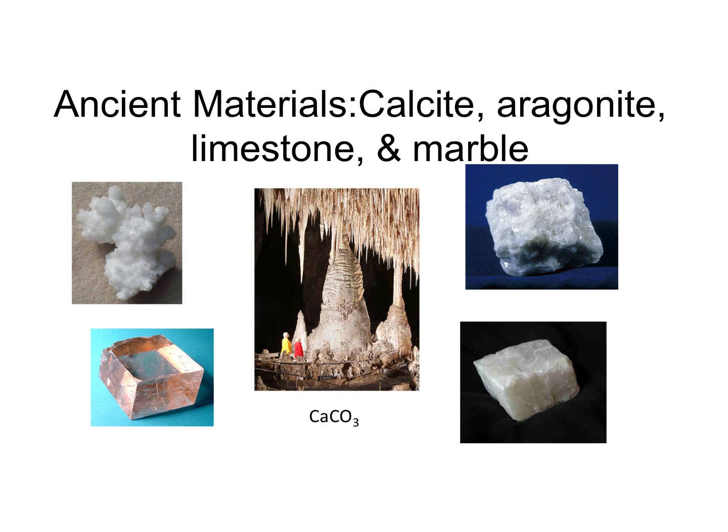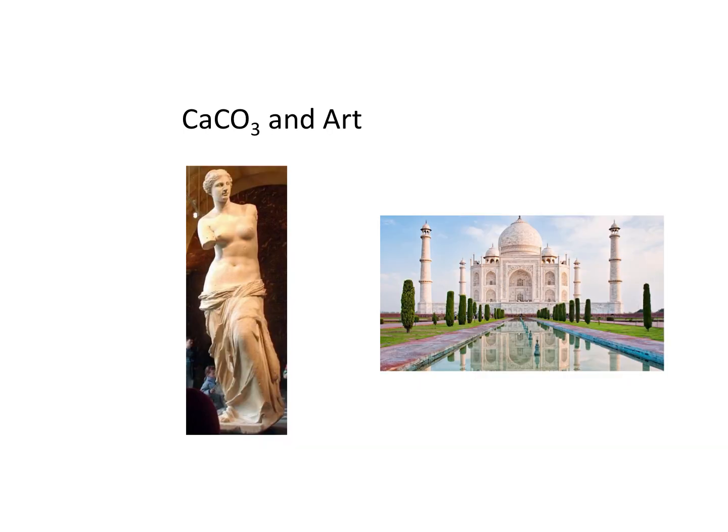We also have ancient materials out of limestone and marble and calcite and aragonite, which a lot of times we think of as minerals. Here's some of the raw materials. They're found in cave systems, so we see those, of course, in stalactites and stalagmites. But when we start to think about art with them, a lot of our carved marble statues, right, are from that marble.